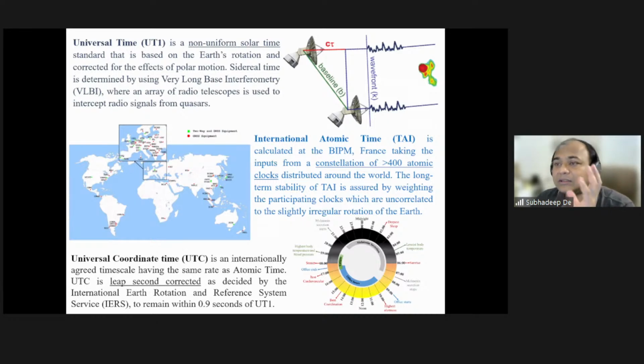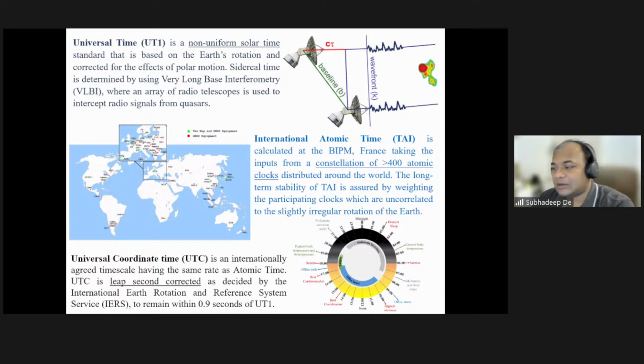So when the time changes, what I mean is that when one tropical year changes by 0.9 seconds, plus 0.9 seconds or minus 0.9 second, then 1 second is added to the atomic time or subtracted from the atomic time.